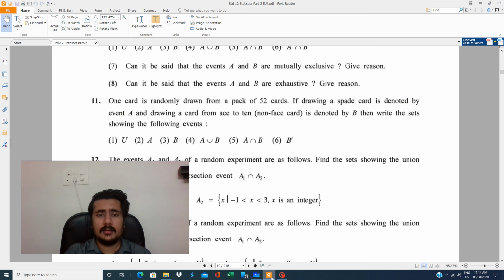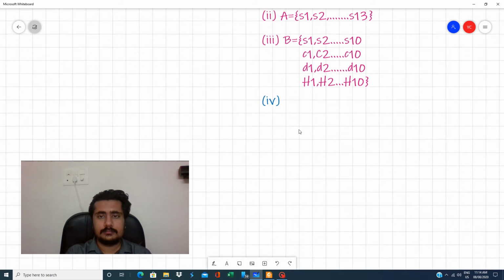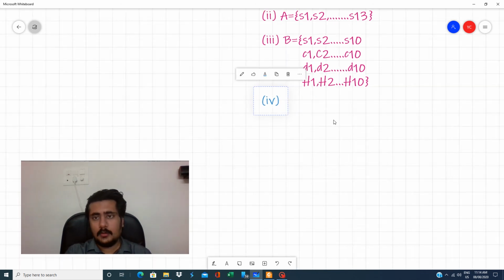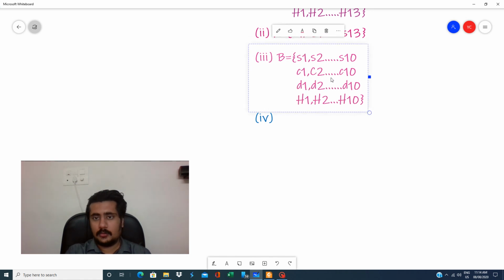Then you have to find the fourth: A union B. Now A union B means you have to combine both of these. So S1 to S13 and these. So how will I combine it?